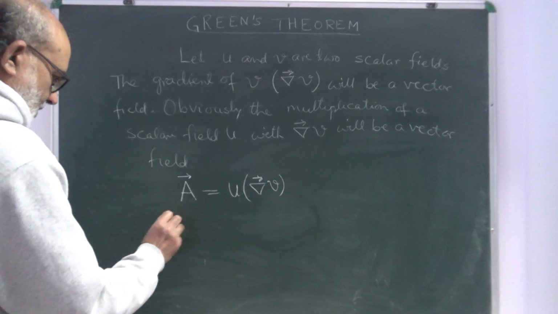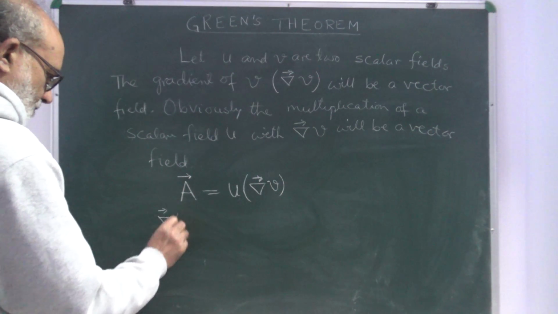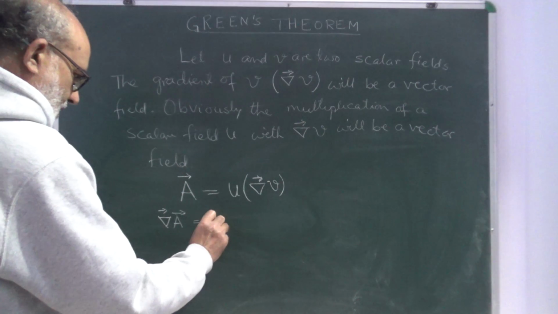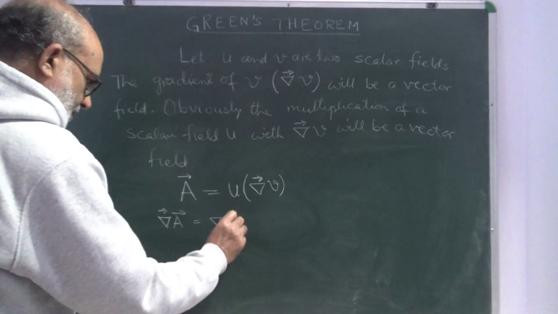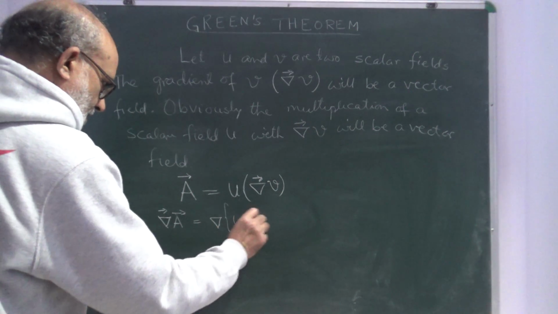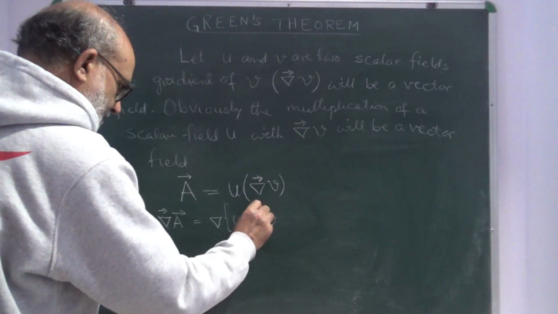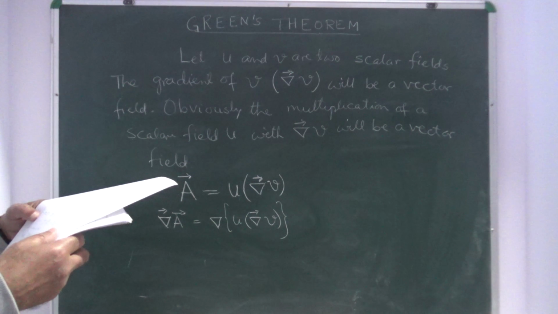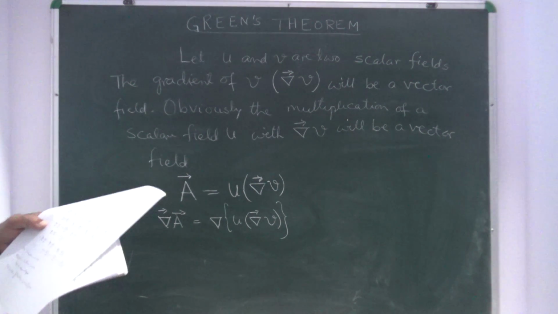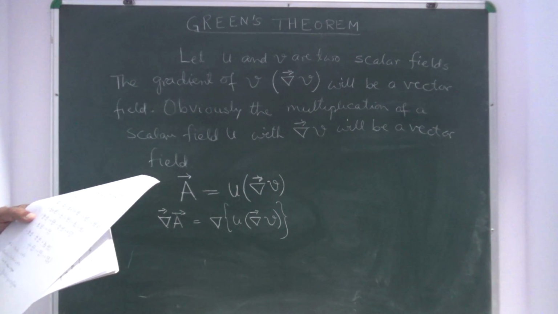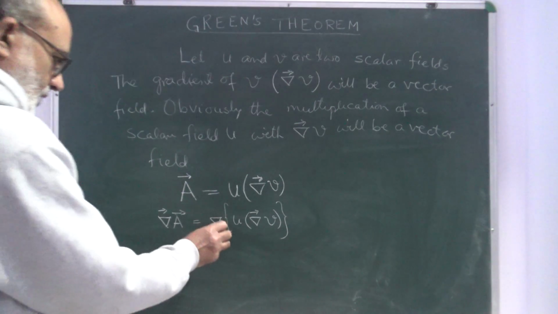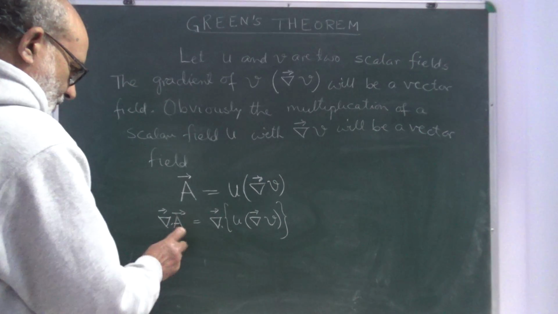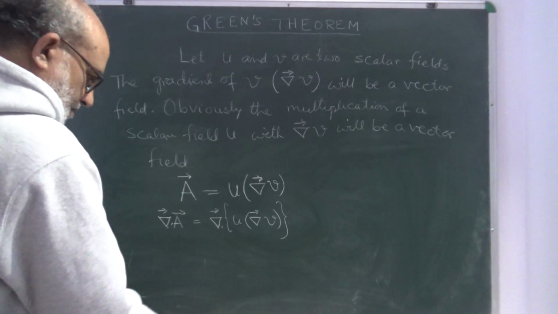So the divergence of A will be the divergence of U del V, where A is this quantity.